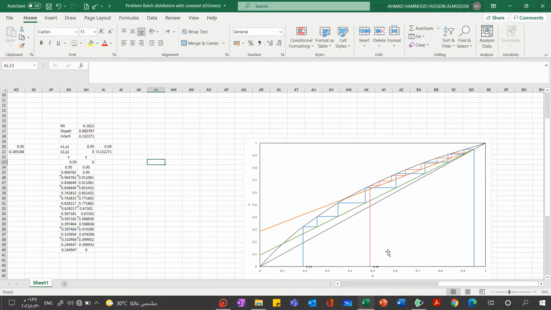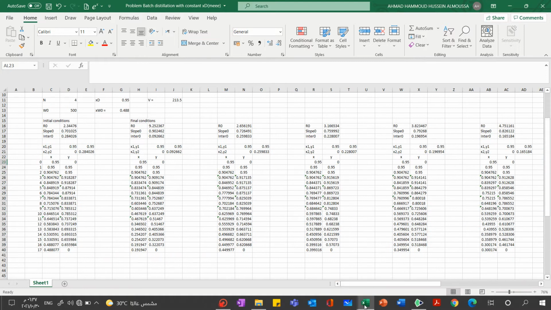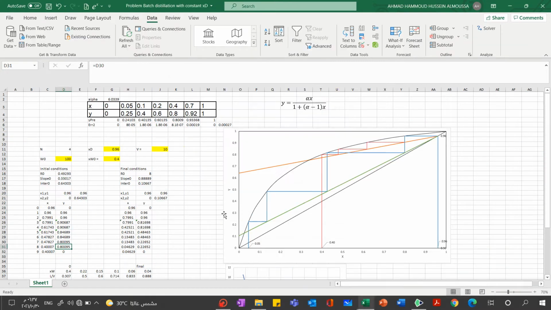So let's go to this. After that, let's get the R final, which you must find as 0.04. The same way, go to What-If Analysis, Goal Seek.